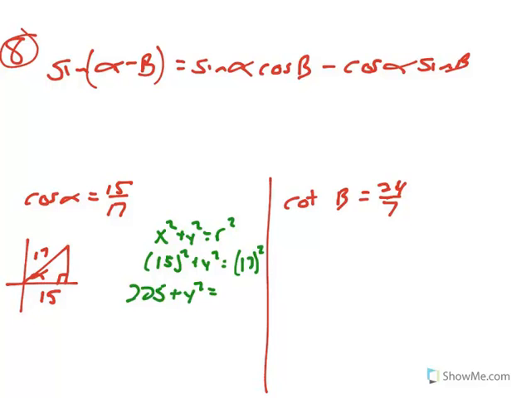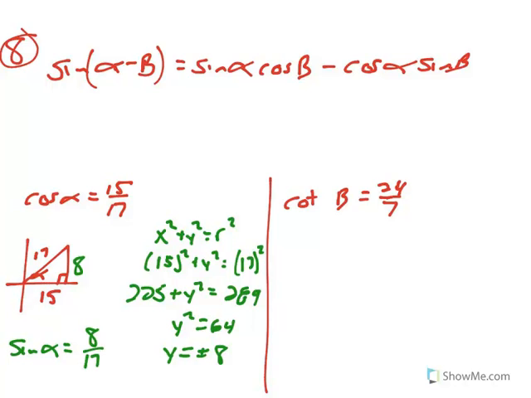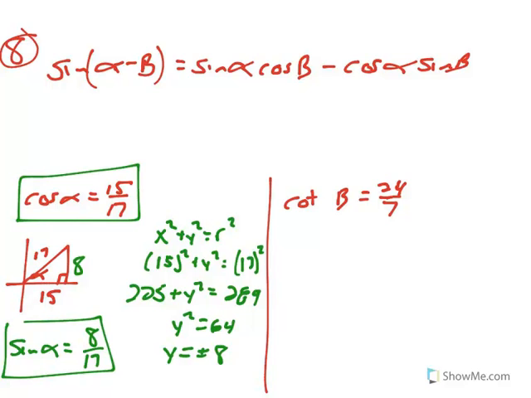Don't know what y squared is. 17 squared is 289. Therefore, y squared is 64. So y is plus or minus 8. In quadrant 1, the y value is positive. Therefore, sine of alpha is y over r, which is 8/17. So we know what cosine of alpha is, and we know what sine of alpha is. We need to figure out what sine and cosine of beta is now, and then we can do this problem.